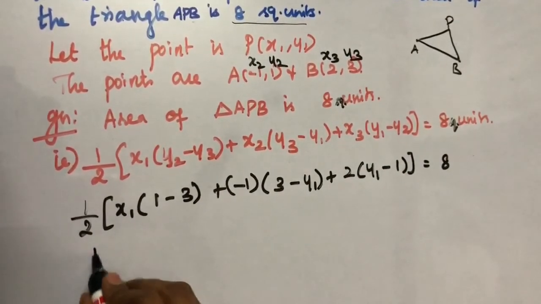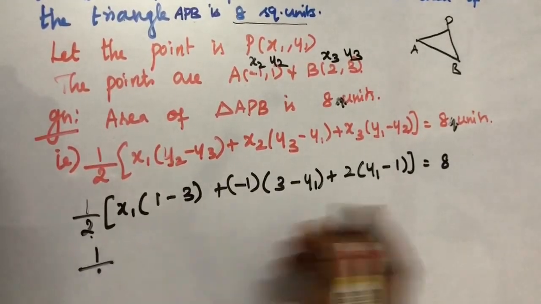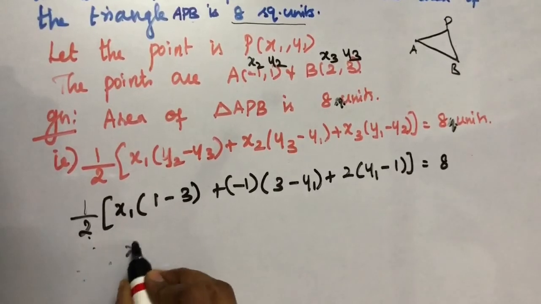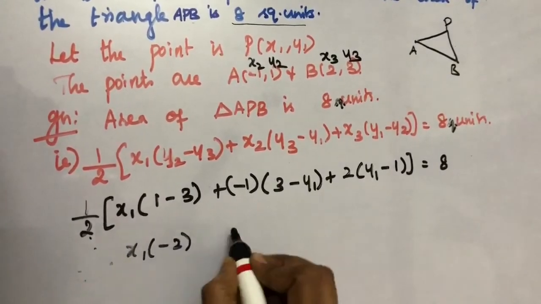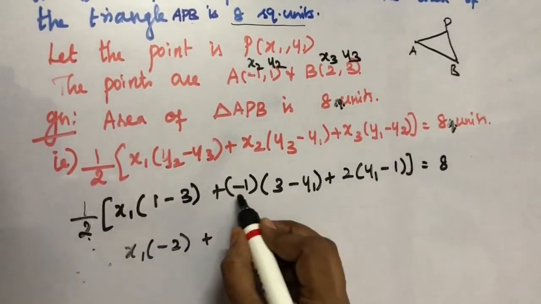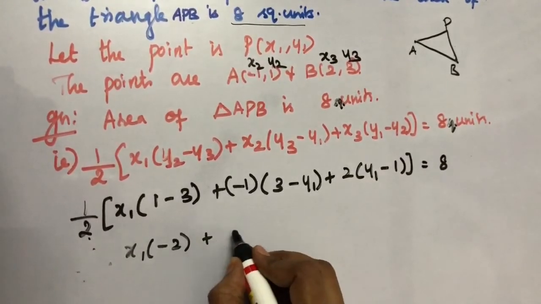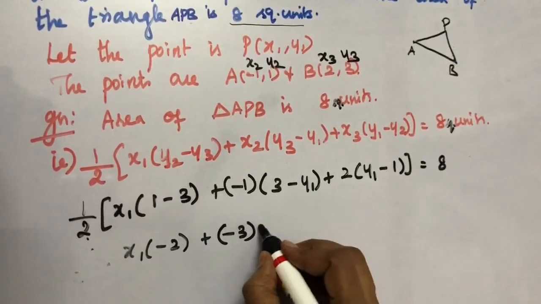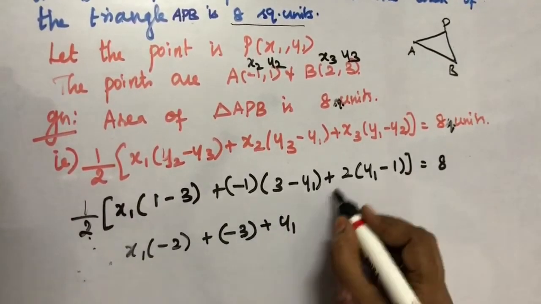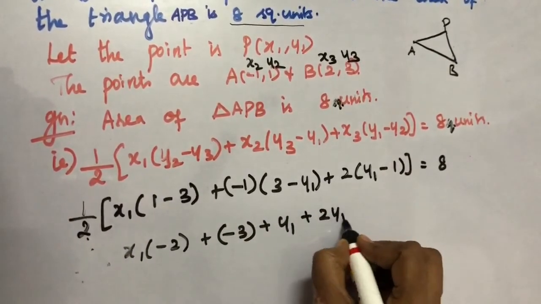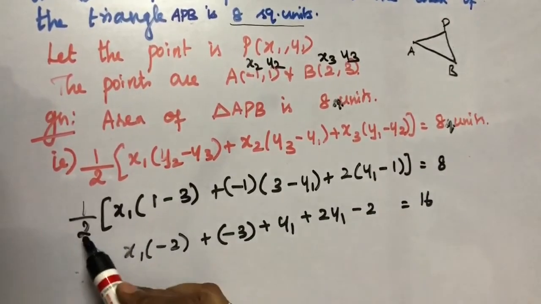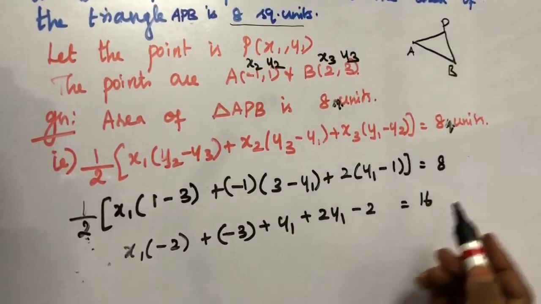Half into, we can move this 2 to the opposite side. So x1 into minus 2 plus minus 3 plus y1 plus 2y1 minus 2 is equal to 16, because I moved this 2 to the opposite side.